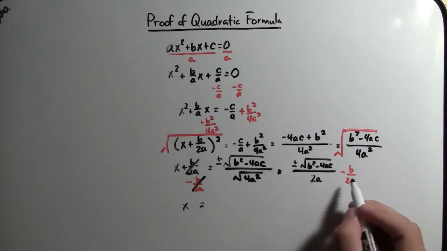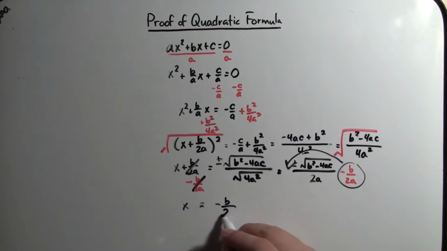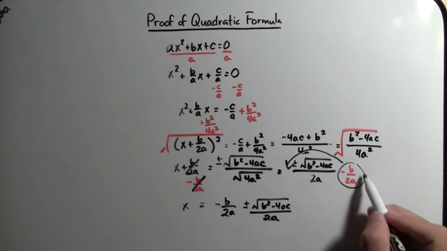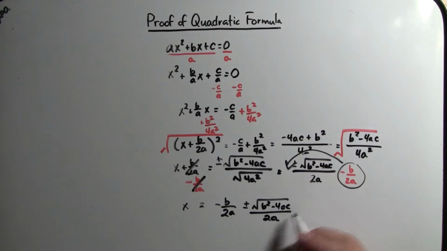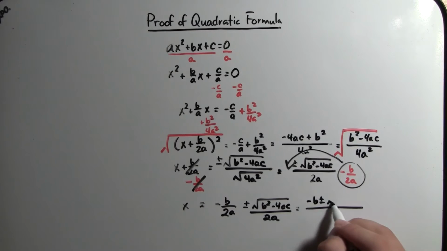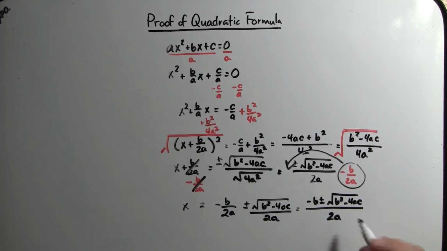X is equal to negative b over 2a, brought up to the front, plus or minus the square root of b squared minus 4ac, all over 2a. And since the common denominator is 2a, we can simplify this as negative b plus or minus the square root of b squared minus 4ac, all over 2a.